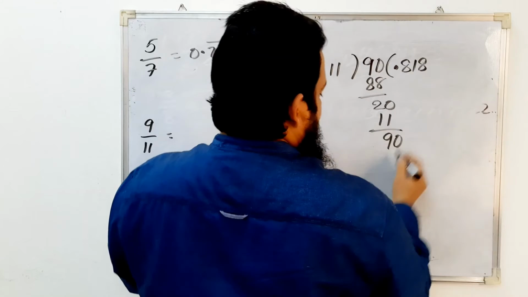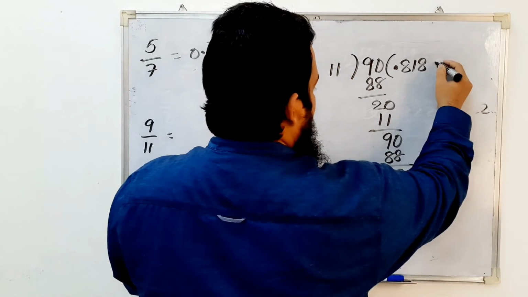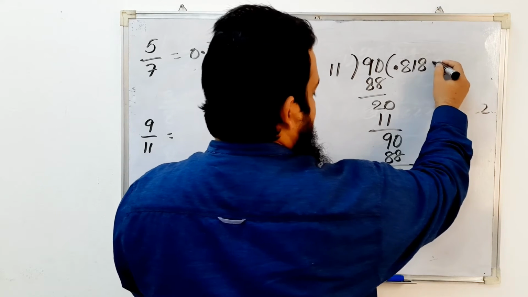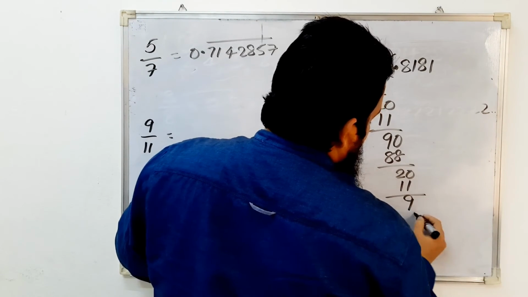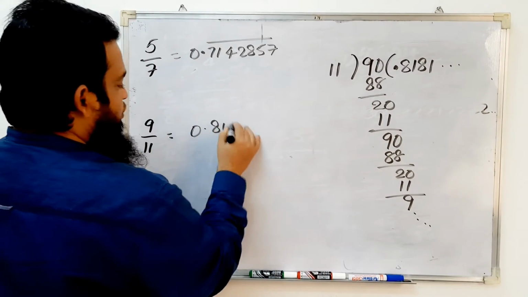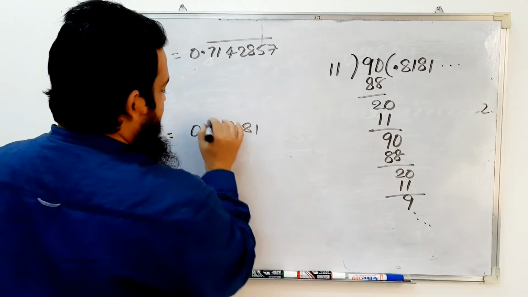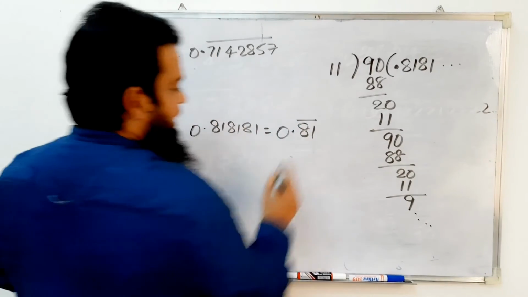Then 11 8s are 88, remainder 2, 0, 11 into 20, how many times? 11 ones are 11, and it's 9, so it's repeating. So it can be 0.818181 and so on. So you can write it as 0.81 with a bar.